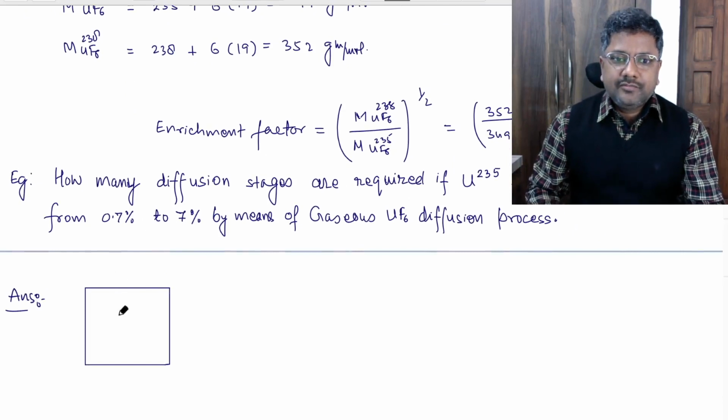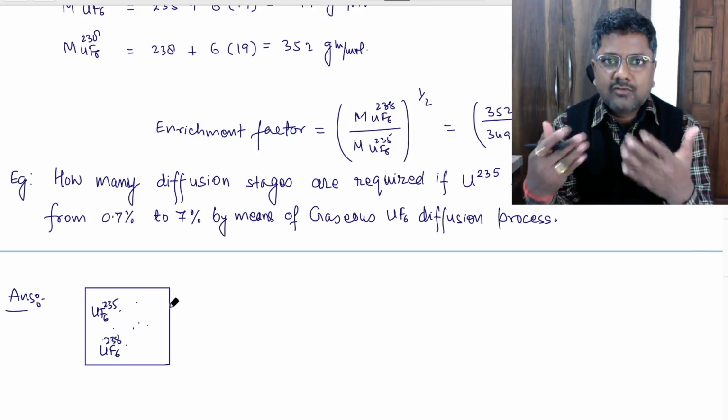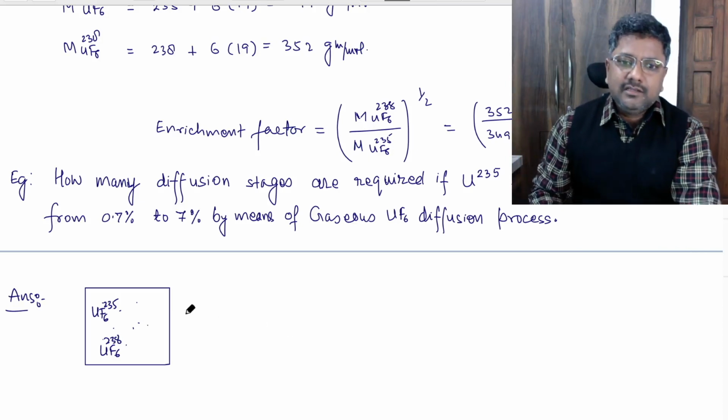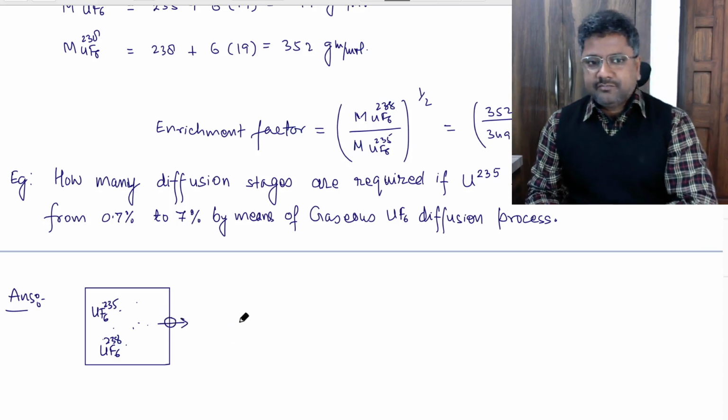So first you have to develop your concept, like we have prepared gaseous UF6 235 and UF6 238. So we have to convert the entire uranium sample into gaseous UF6, and then we do the study of this simultaneous diffusion step by step, right?